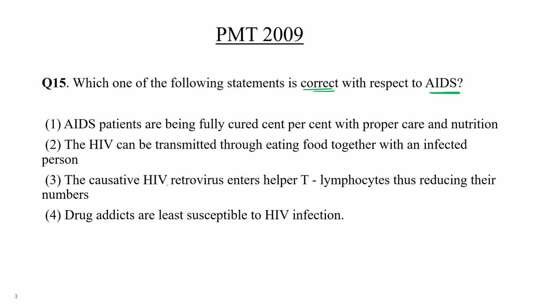Third, the causative HIV retrovirus enters helper T lymphocytes, thus reducing their number. Is this the right statement? Or drug addicts are least susceptible to HIV infection. They have given us 4 different statements related to AIDS, and we have to analyze which one is the correct statement with respect to AIDS. Take 10 seconds and then quickly tell me the answer.